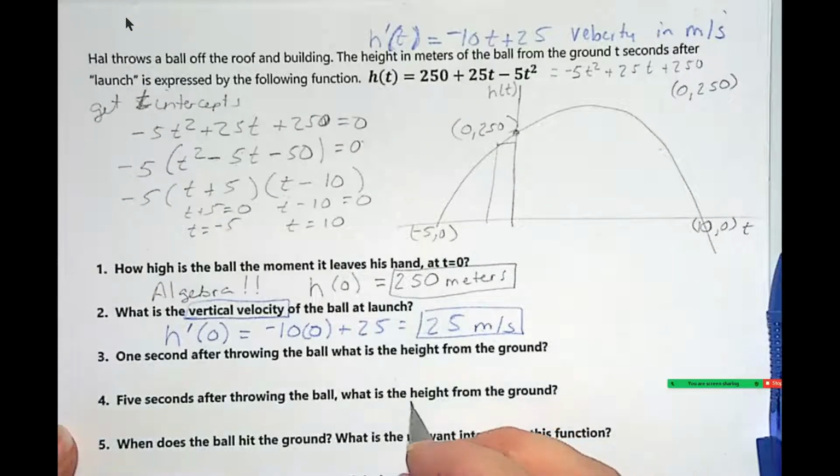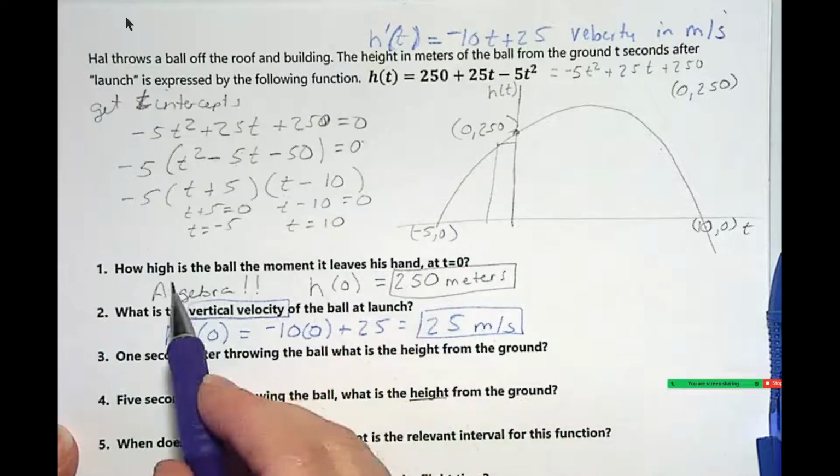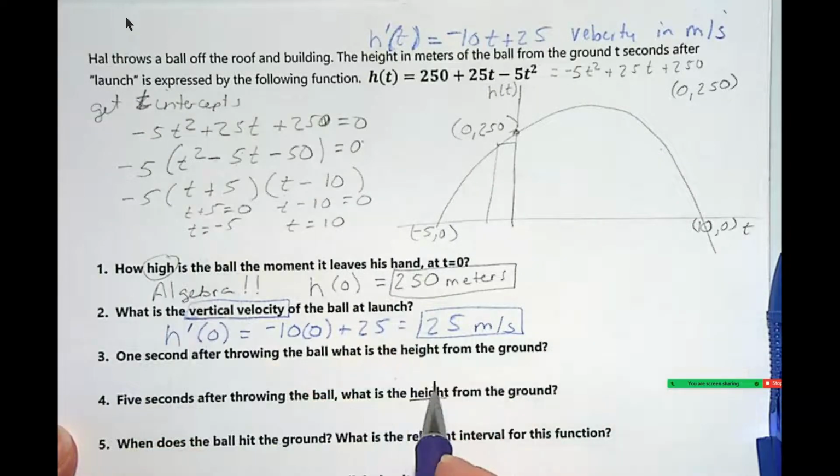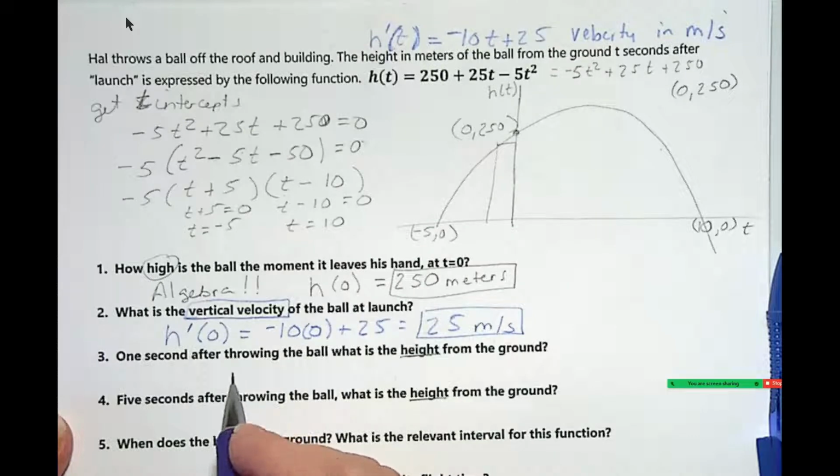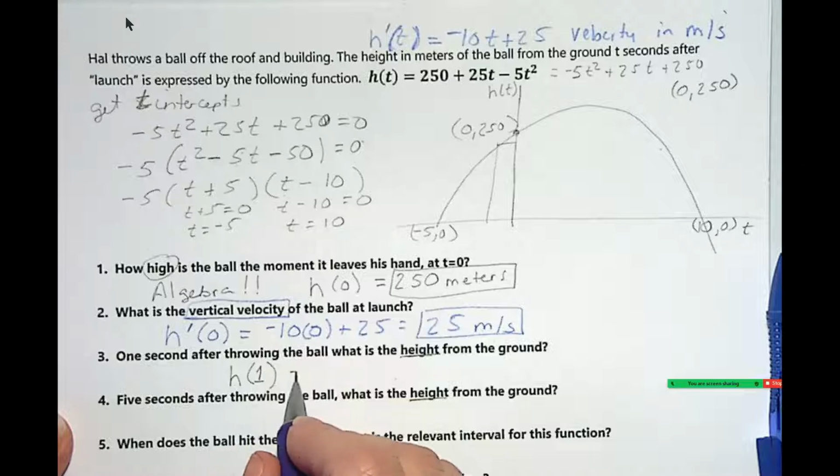So when it's just height or position, it's just, oh wait, that's the wrong one, this one, height. So 1 second after, what function do we need to use? The original one. H of what? 1. H of 1. Okay, so we're going to plug that in.